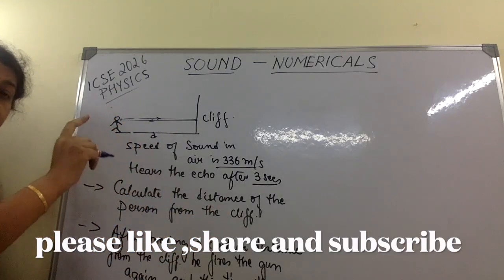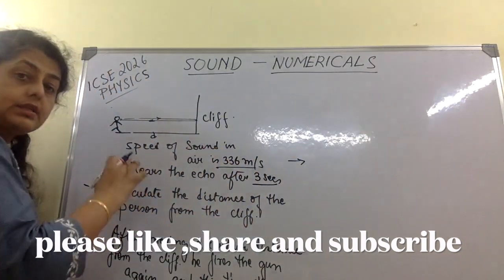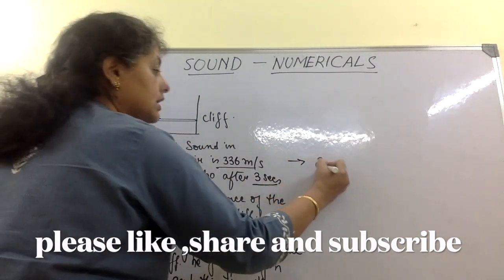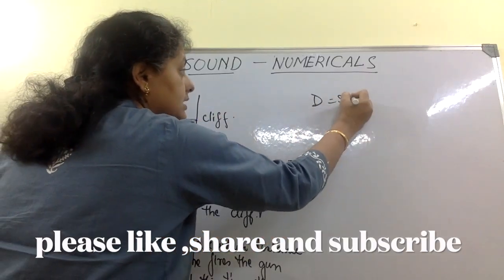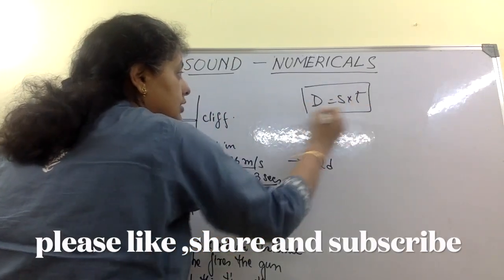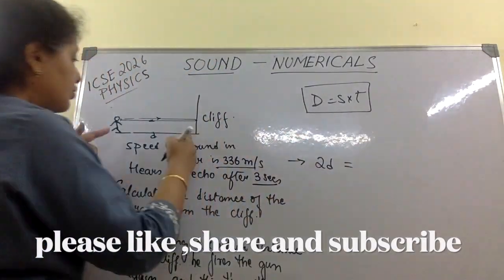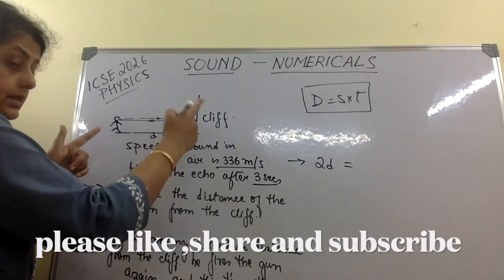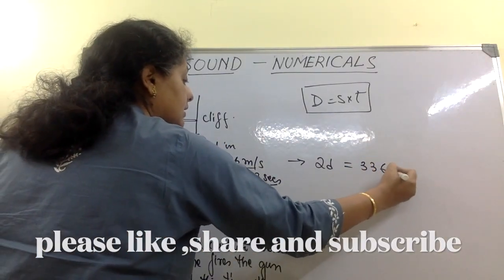So let's do the first thing first. Let us first do the A part. The first part is calculate the distance from the cliff. We will always take 2d. Which formula are we using? We are using d is equal to s into t, that formula that we always use for distance, speed and time. 2d is equal to, 2d is this distance, okay, that's distance sound travelled, and speed is 336 and time is 3.